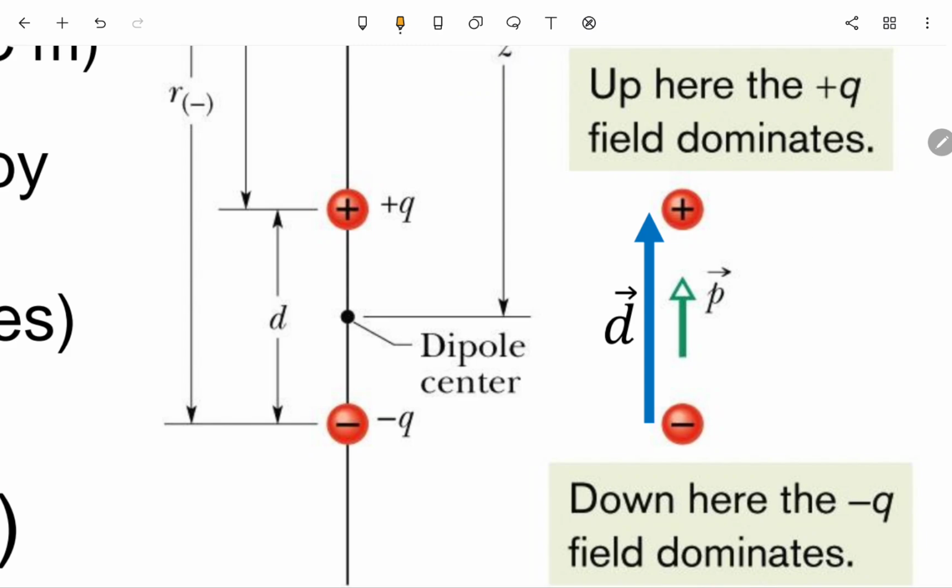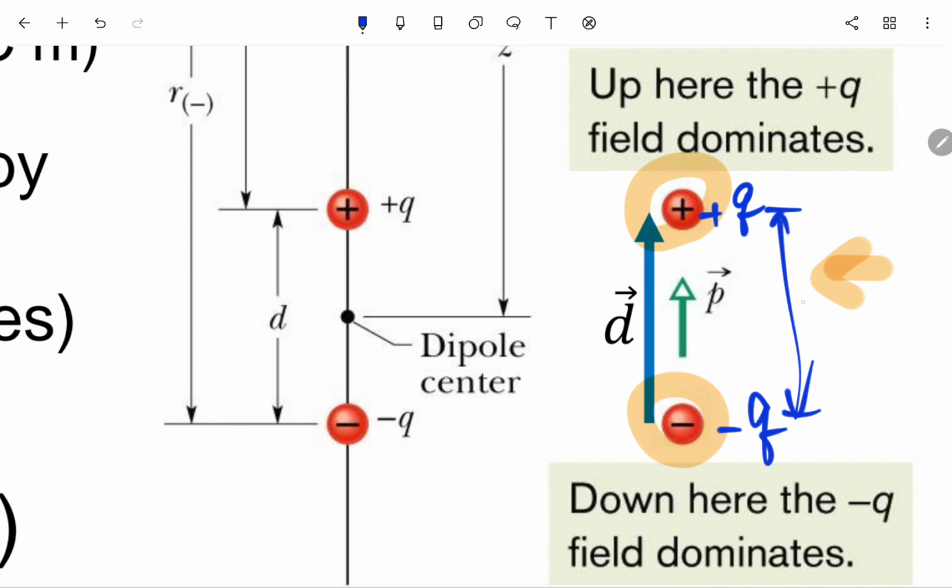Okay, so this one is the dipole. This is a negative charge and then the positive charge. This one will be positive Q and this one will be negative Q. So the magnitude of the D vector will be the distance between these two charged particles.